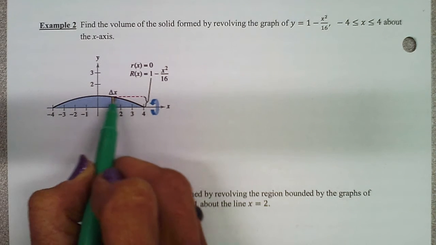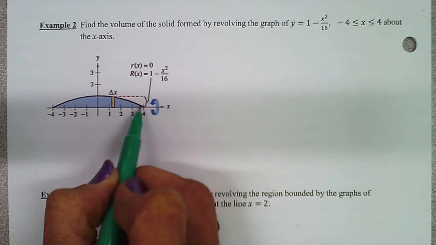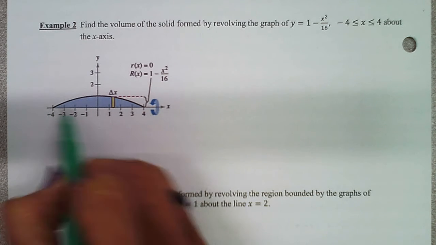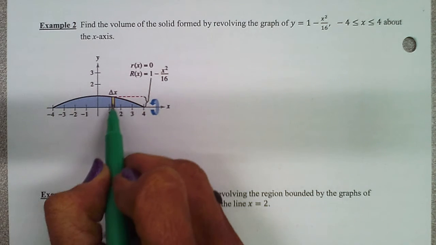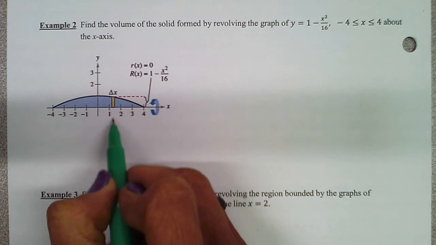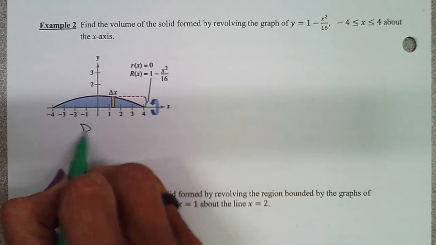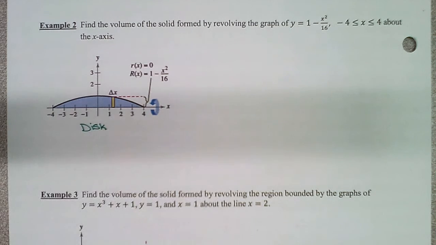So here they've got the graph. This is the 1 minus x squared over 16. They're going from -4 to 4, and they're showing here this is going to be the rectangle. So if I take this rectangle and rotate it around the x-axis, it's going to end up making a disk. So that's the method that we want for this one.